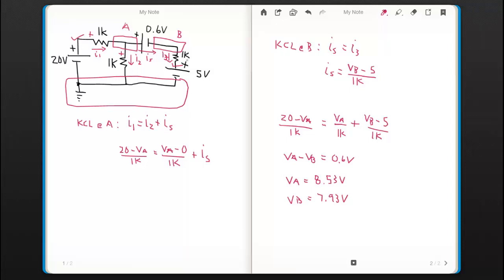You're going to have to do that with the KCL equation at a different node, which in this case was node B. Then you're going to end up with equations where you have one extra unknown compared to the number of equations you have. So you're going to have to write another equation, based on knowing that the value of the voltage source between the two nodes that aren't ground gives you the difference between those two nodes.